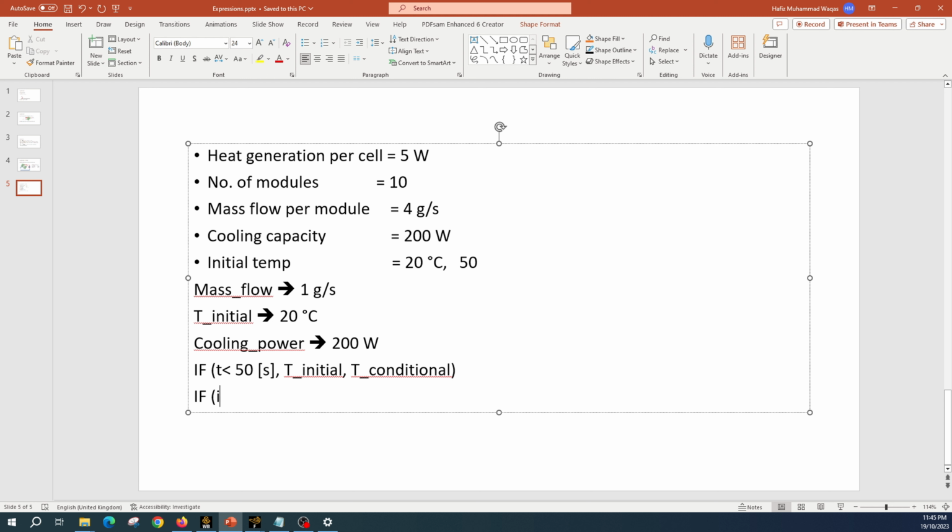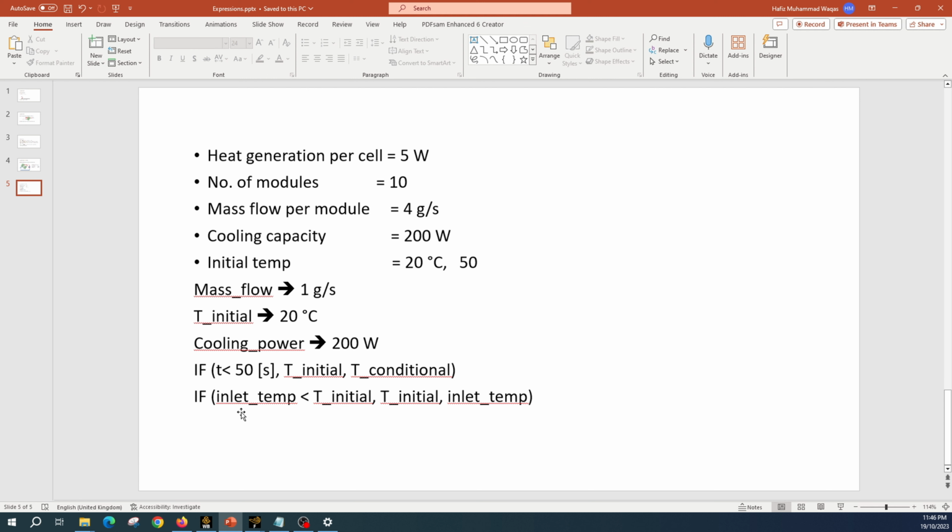So let's call it if inlet temperature less than T initial, then use T initial, otherwise inlet temperature. So what is our T conditional? Our T conditional is this definition.